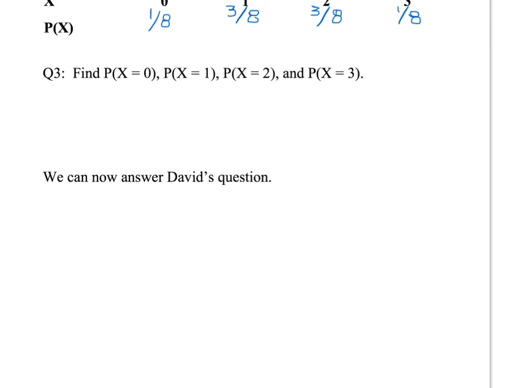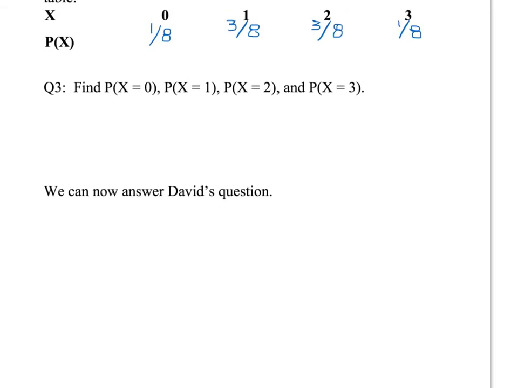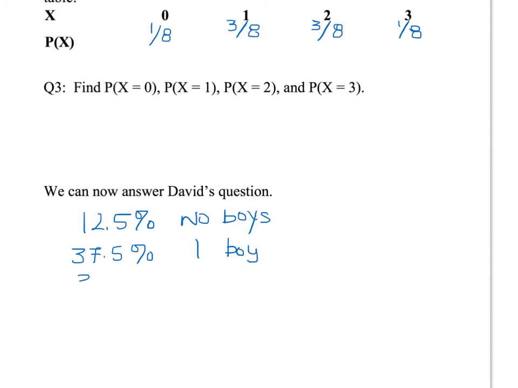We have a 12.5% chance of having no boys, a 37.5% chance of having one boy, a 37.5% chance of having two boys, and a 12.5% chance of having all boys.